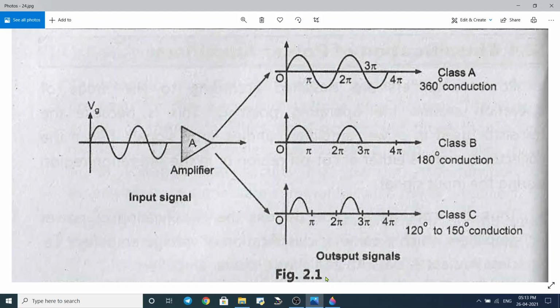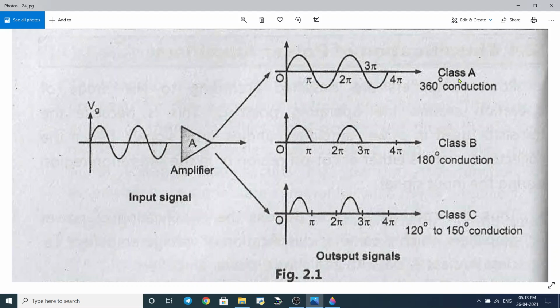So look at this diagram. This is the input signal which is for full cycle. This is one complete cycle and this is the second complete cycle, 2 cycles. Now the amplifier amplifies this signal.